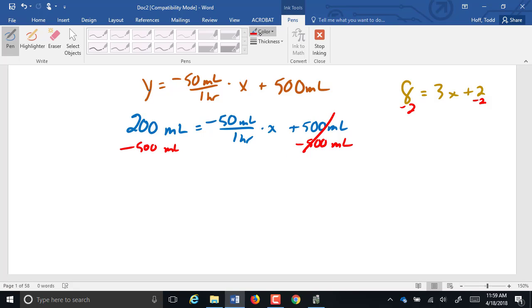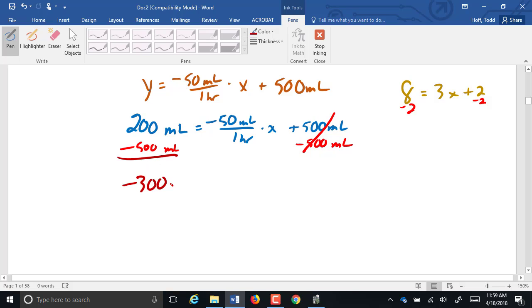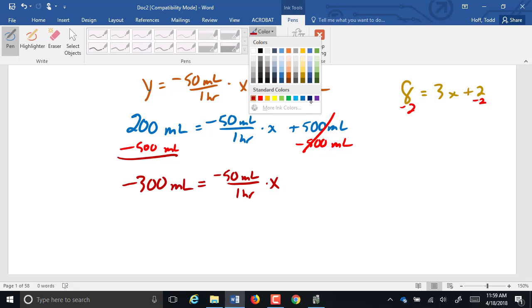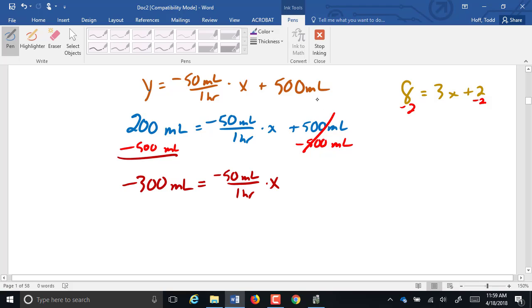On the left side, 200 minus 500 is a negative 300 milliliters, equals negative 50 milliliters per hour times X. To get X by itself, now we have to divide by the negative 50 milliliters per hour.